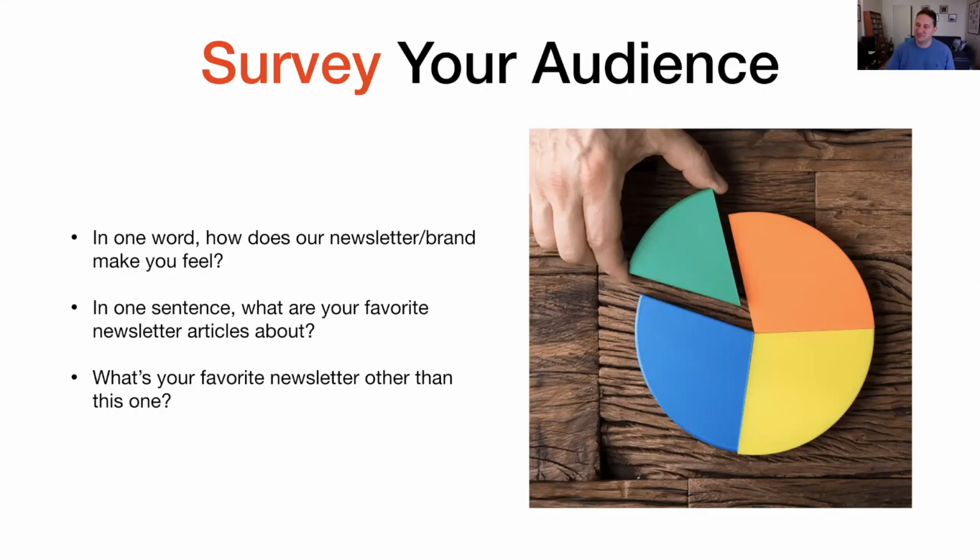So the first question is going to give you a very clear emotional trigger that people use. For me, for example, I would talk about my newsletter in a very feature-driven way. I would say the newsletter helps people produce, promote, and profit from their creations. And when I asked this question, again, it was open-ended, not multiple choice, almost 20 people chose the word "inspired."